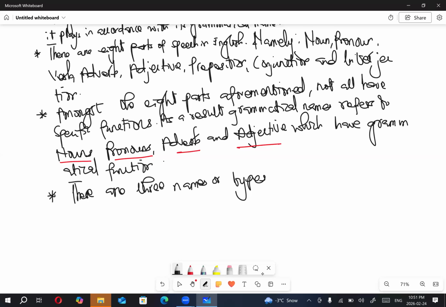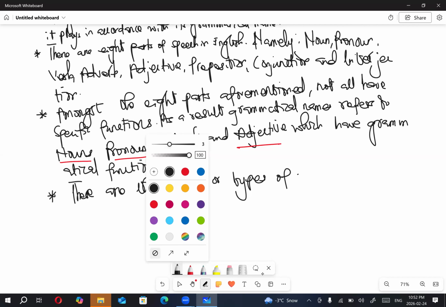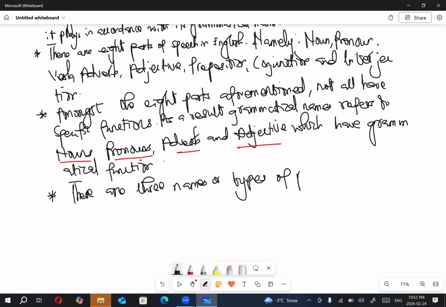Okay. So there are three names or types of phrases. So we use these to establish the types or names of phrases. Namely, we have noun phrase, okay.